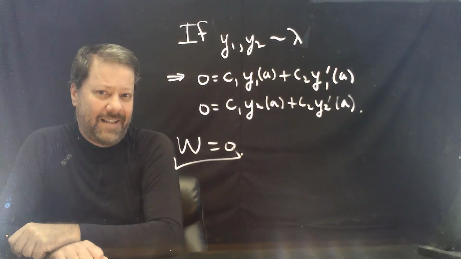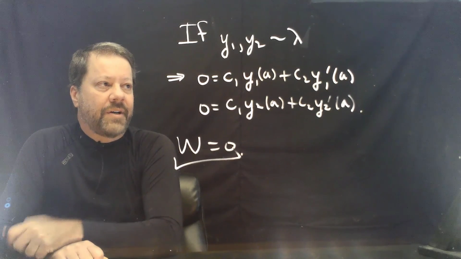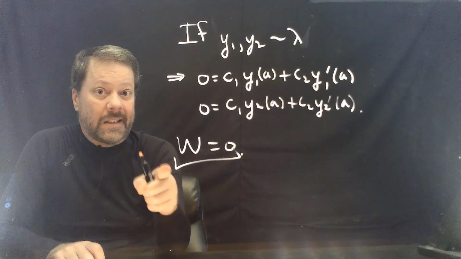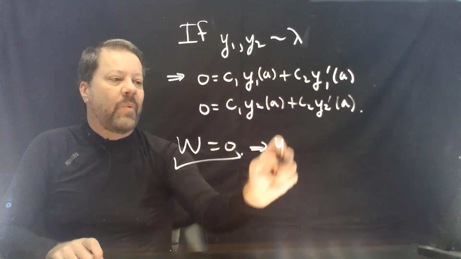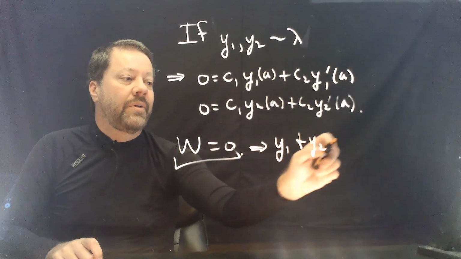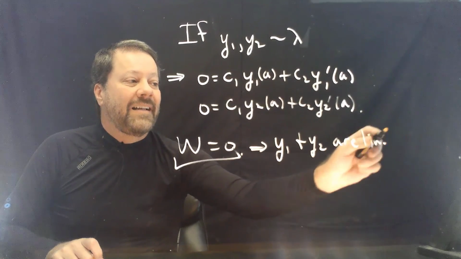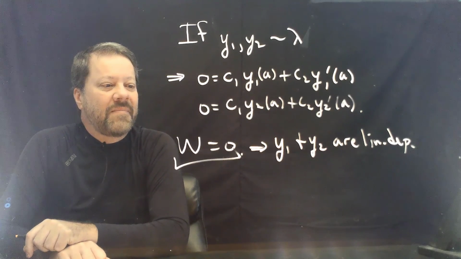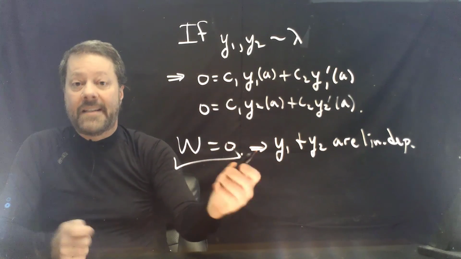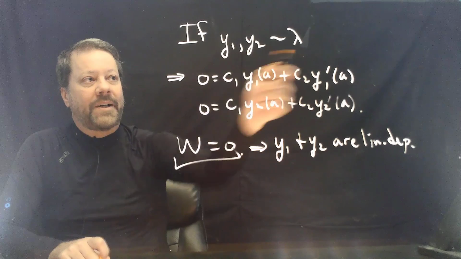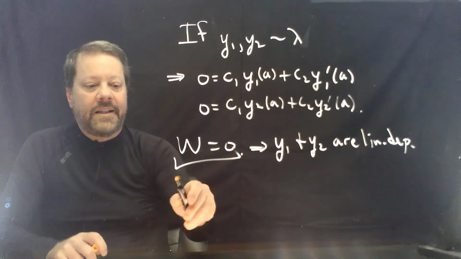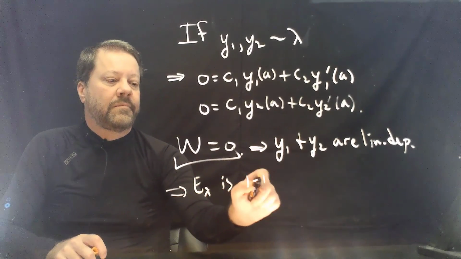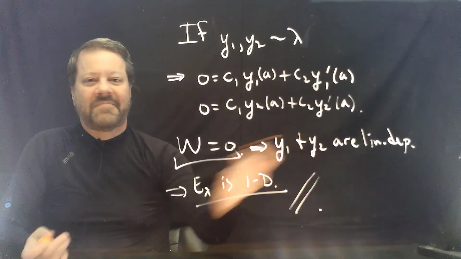In this case, since the differential equations are the same, since they correspond to the same lambda, this is an actual Wronskian, which implies then that y1 and y2 are linearly dependent by the old theory from elementary differential equations. This implies then that the eigenspace corresponding to a particular eigenvalue is 1D. And that's the end of the proof.